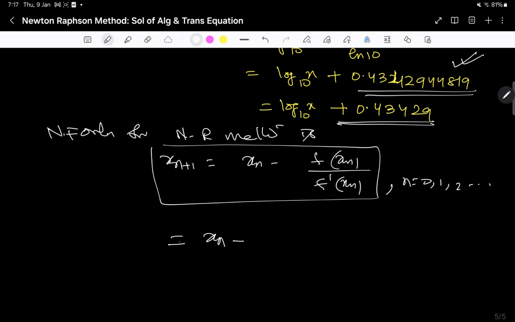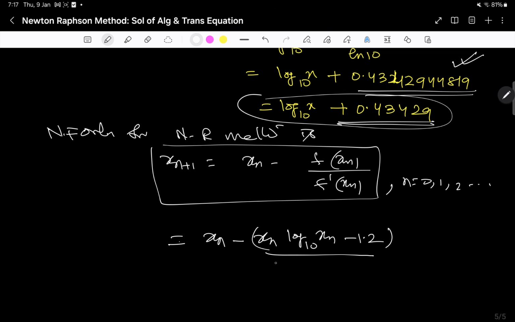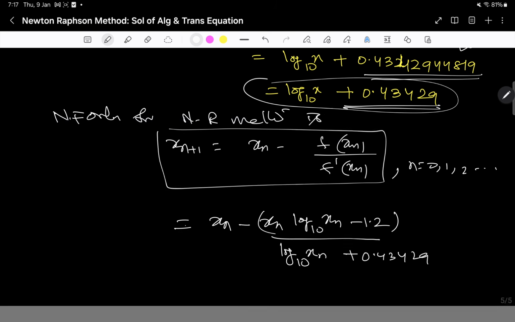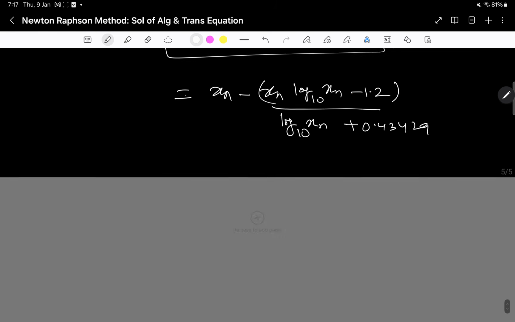It is x n, and here f x n will be x n log x n base 10 minus 1.2, this divided by your f dash x n, it is log x n base 10 plus 0.43429. If you simplify it, you will get it.